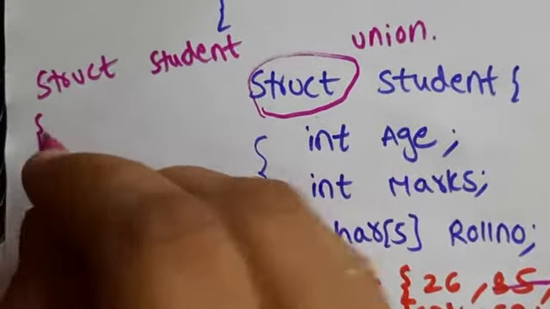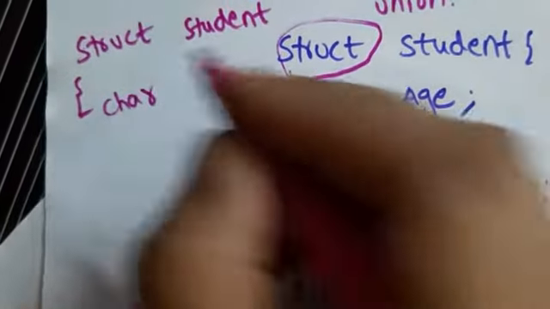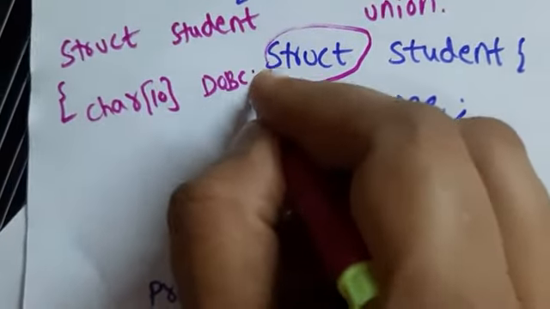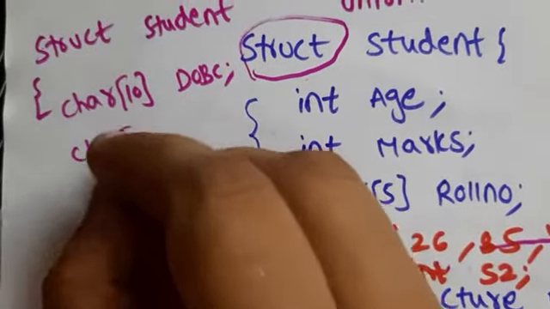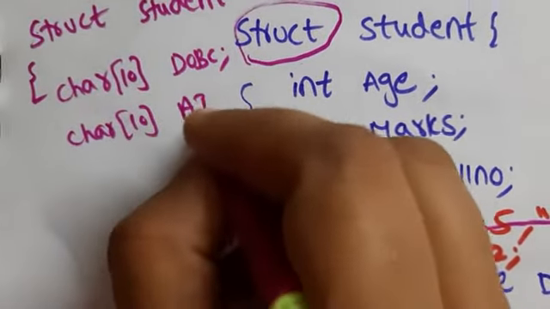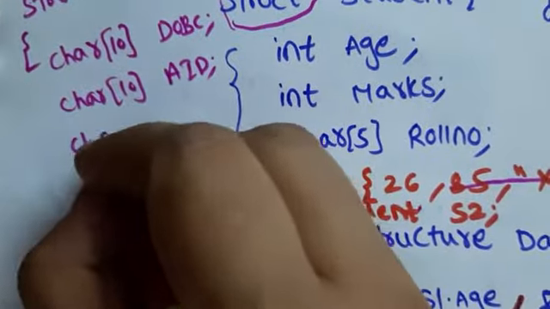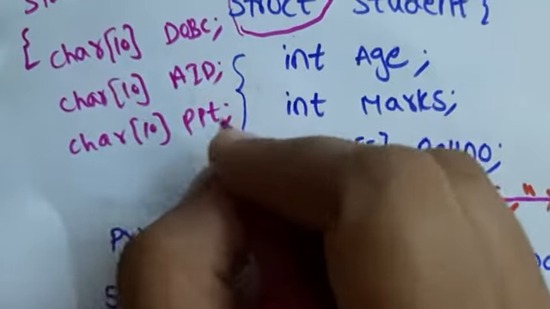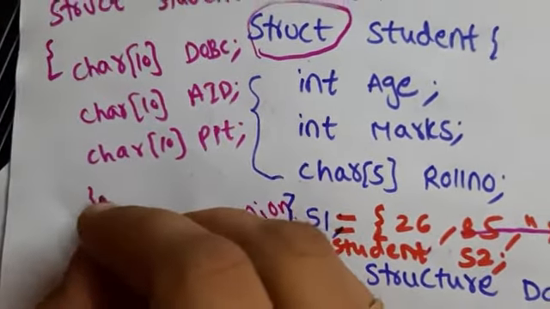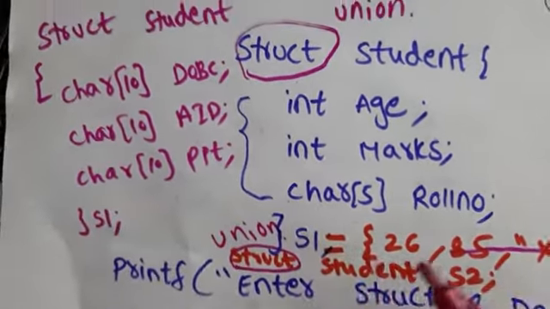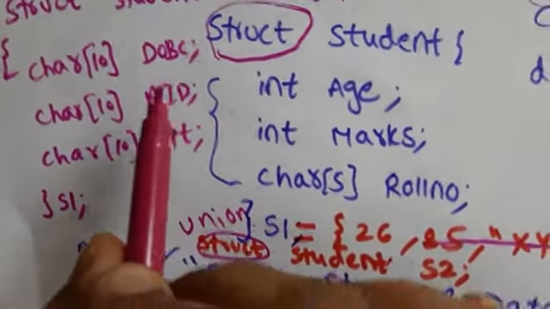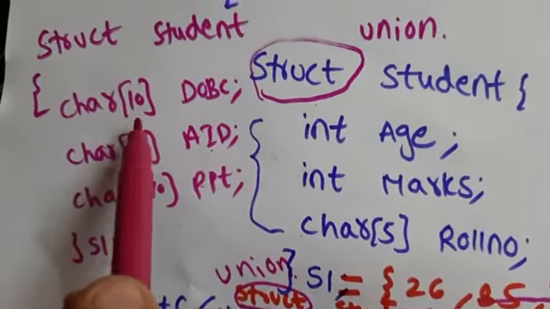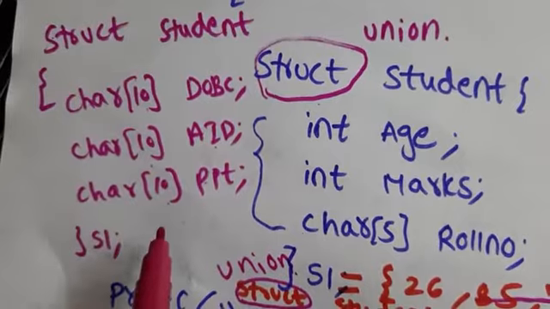A person has a date of birth certificate, an Aadhaar ID proof, a passport number. Like this we have different data for a person. Is it required to identify one single person? Do I need all three? Sometimes no, I need only one. So why waste the memory? For a structure, 10, 10, 10, a total of 30 bytes we have to give.